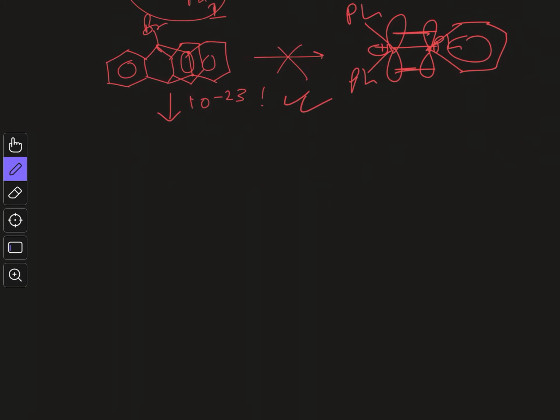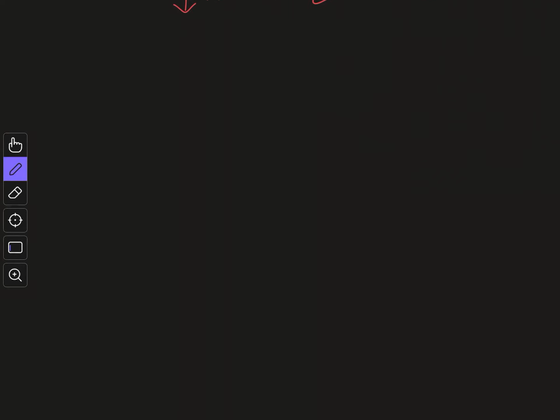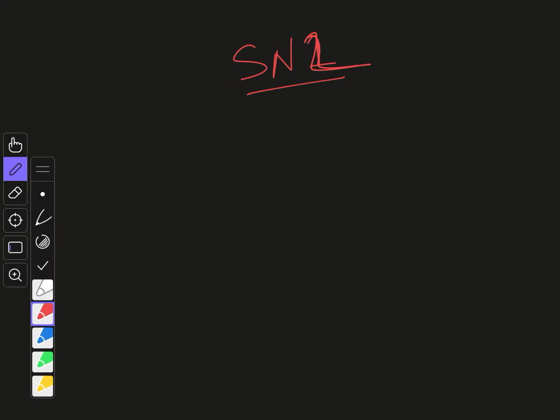Now let us talk about the stereochemistry of these two reactions, the SN1 and SN2 reaction. First we will discuss the SN2 reaction. From the initial discussion of the SN2 reaction, you already know that the SN2 reaction involves attack of nucleophile from the back side.